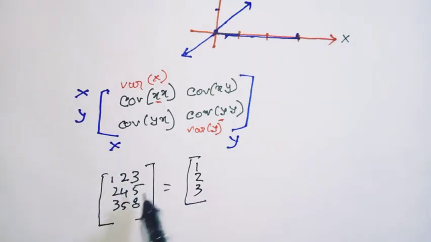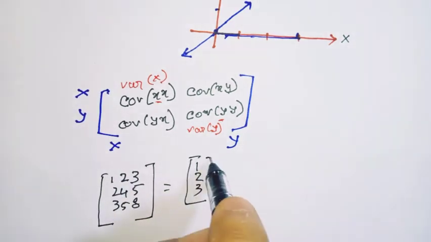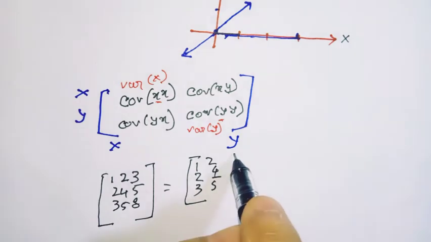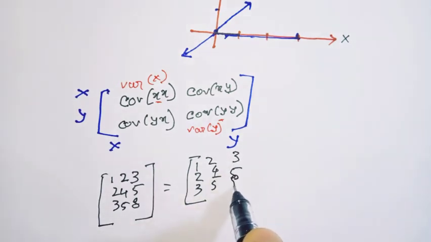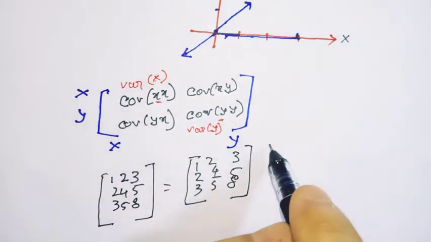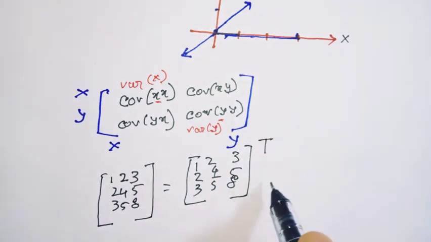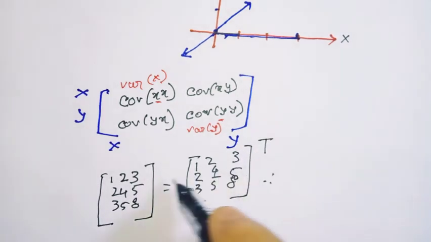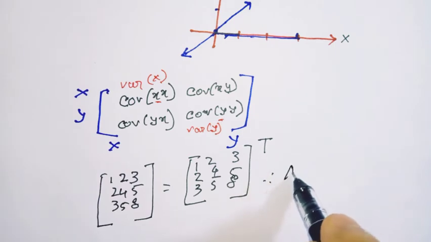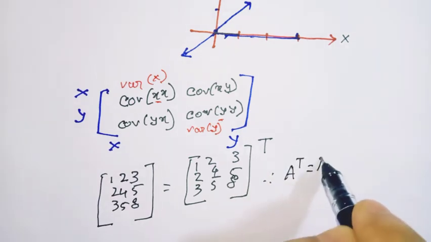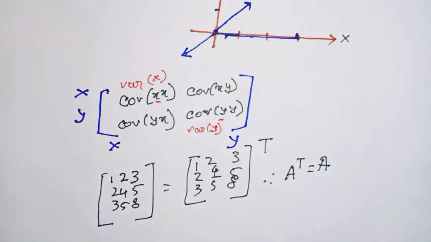If I put this in this way, I hope you understand. 2, 4, 5, and 3, 5, and 8. So this becomes the transpose. So if this matrix is named as A, transpose of A equals A, right? That means that covariance itself is a symmetric matrix.